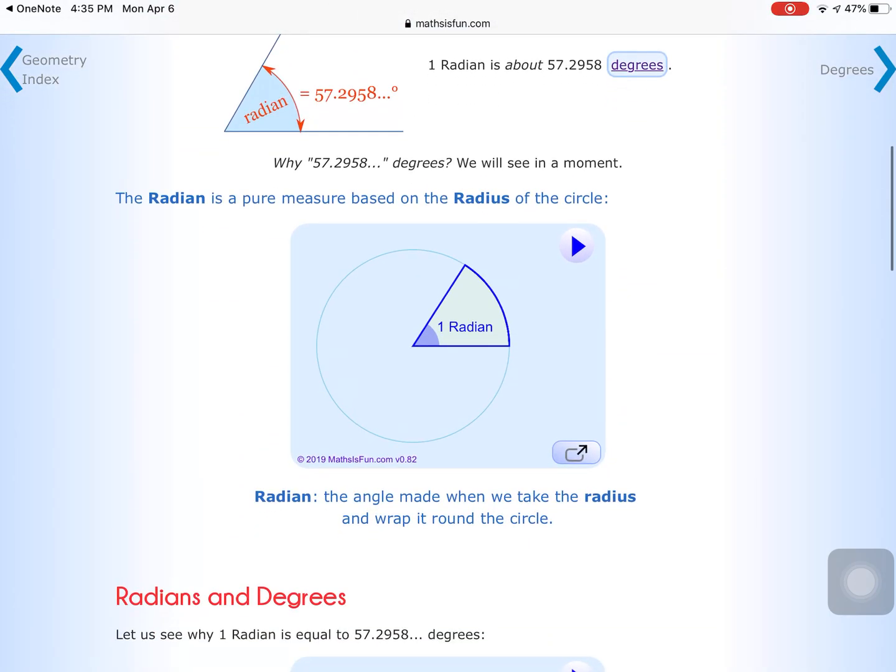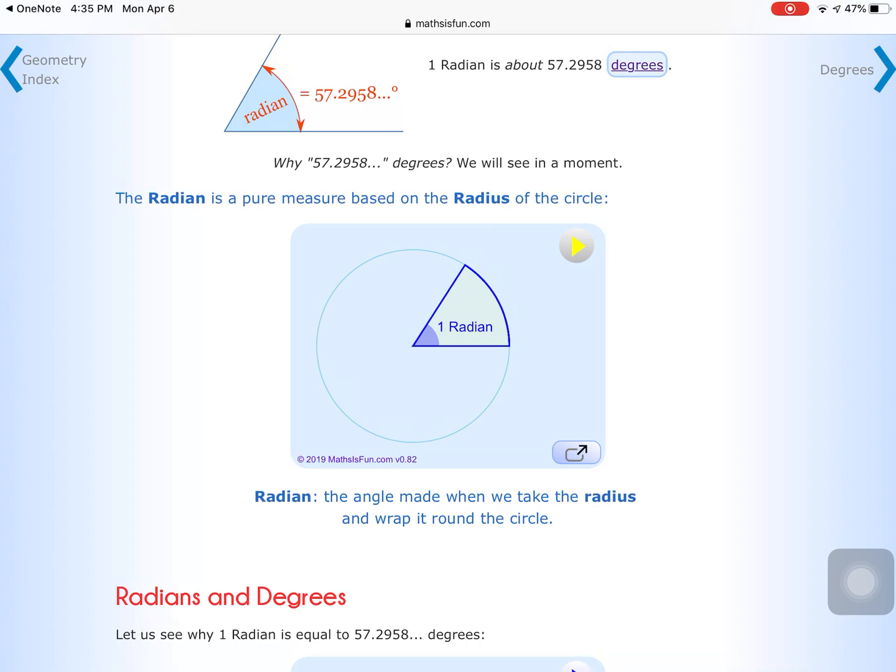So if you watch this little video, there's the radius wrapped around the circle. And that gives me 1 radian within there. I'm going to do that again. There's the radius wrapping around the circle. It ends right there.